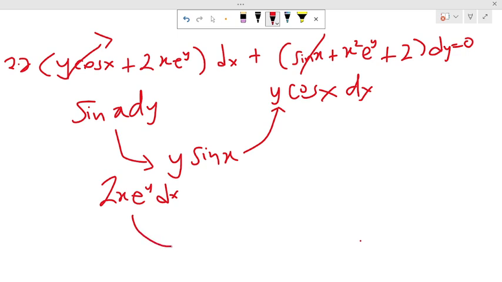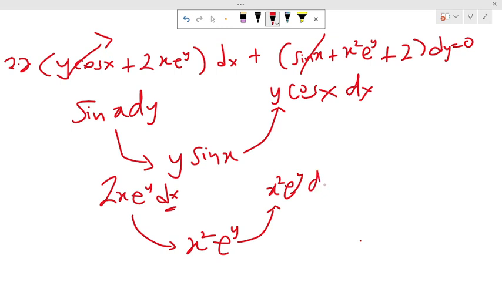Then we integrate this with respect to x because we have the x here. So we integrate with respect to x, so we get x to the power 2 e to the power y. Then we differentiate this with respect to y. Then we get x to the power 2 e to the power y, because e to the power y, if you differentiate with respect to y, is the same thing.